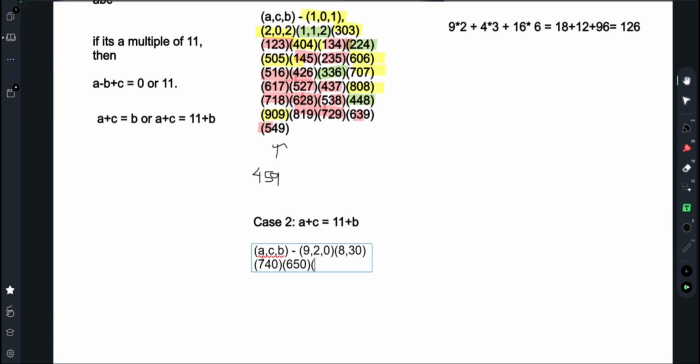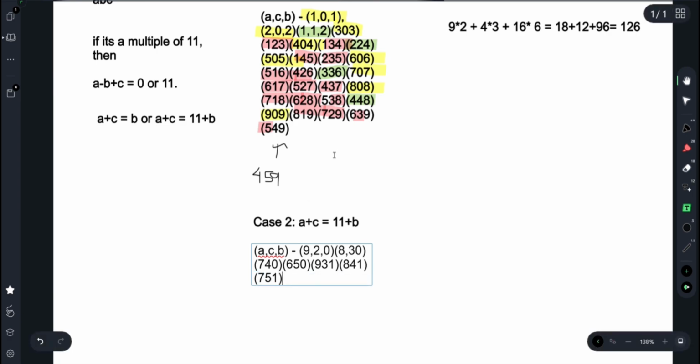Okay, now let's do B is 1, so 931, 841, 751. And obviously there's not as many cases as case 1 because B at most is 7. Because if B is 8, then 11 plus 8 is 19, and the most A and C can be is 9. So let's just hurry up with this.